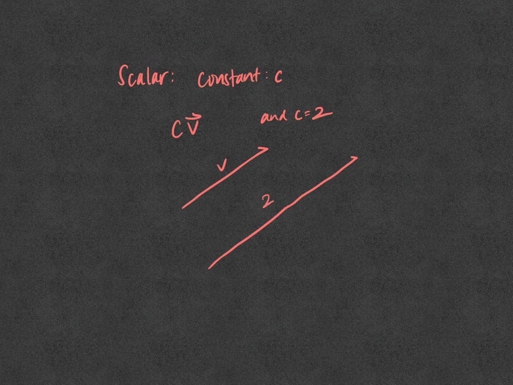So this would be 2 times V right here. So it's the same as CV. Let's say that C equals -3. So CV would be, that means my V goes in the opposite direction. There's 1, there's 2, there's 3. So this is -3 times vector V.